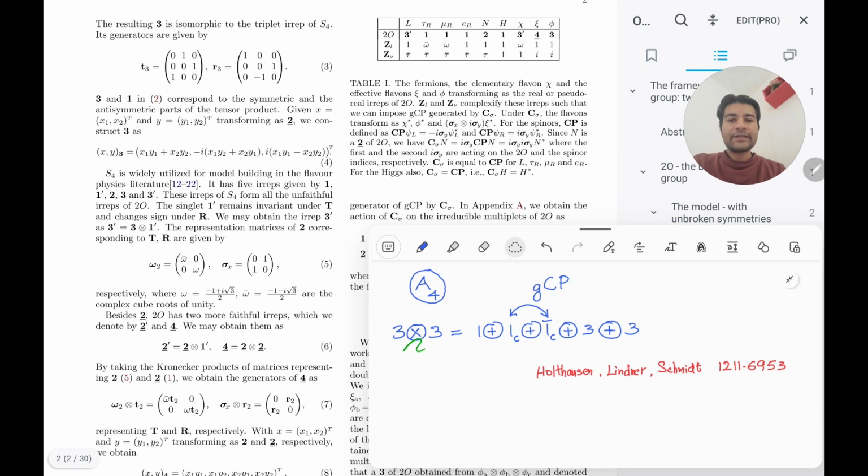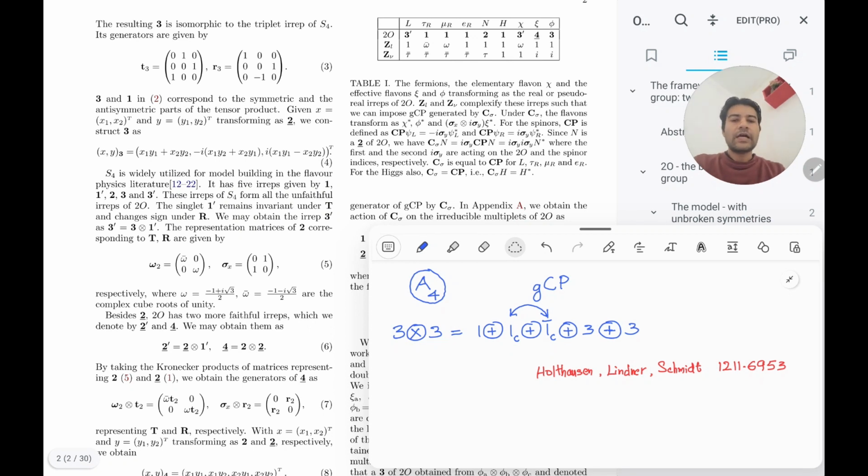An interesting fact about the tensor product of the triplets of A4 is that it contains the singlet 1C and its complex conjugate 1C bar. Under the action of GCP, these representations 1C and 1C bar get interchanged, even though the tensor product as a whole does not change under generalized CP.